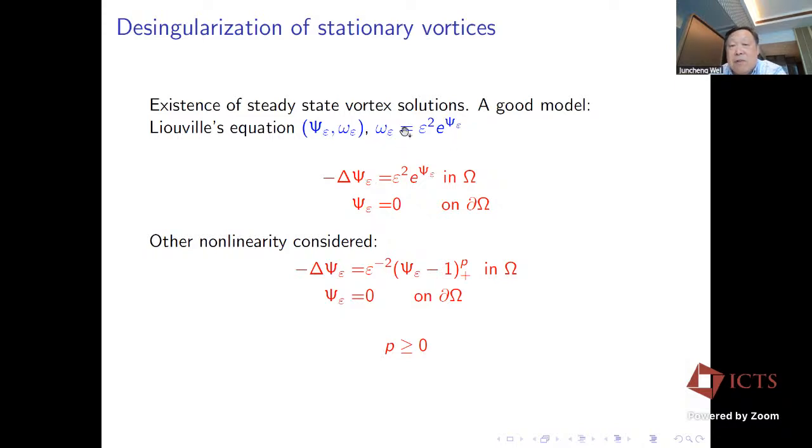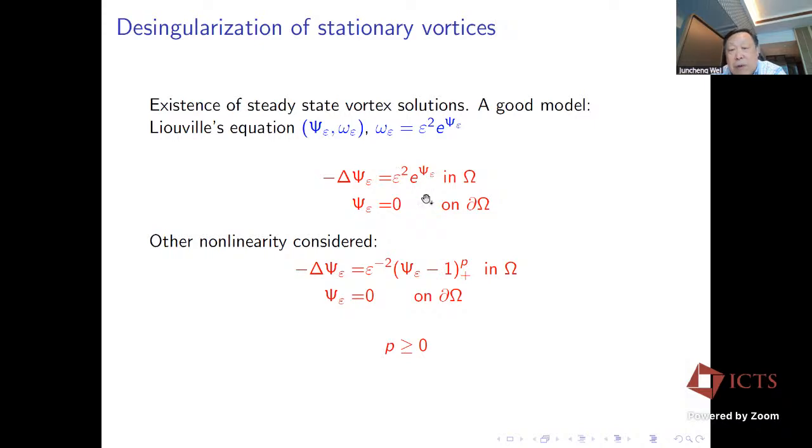A good model is the Newtonian one, or this is a semilinear type. This is also a very useful semilinear type, which is (u minus 1) to the power p.